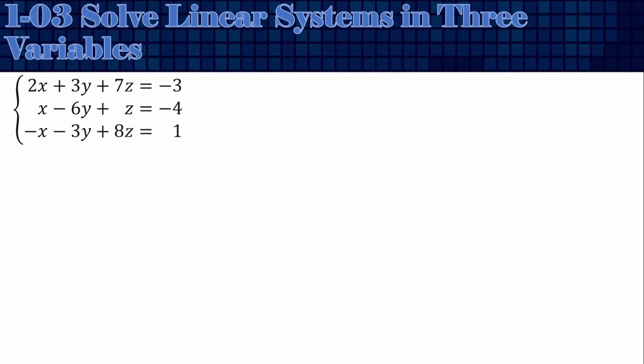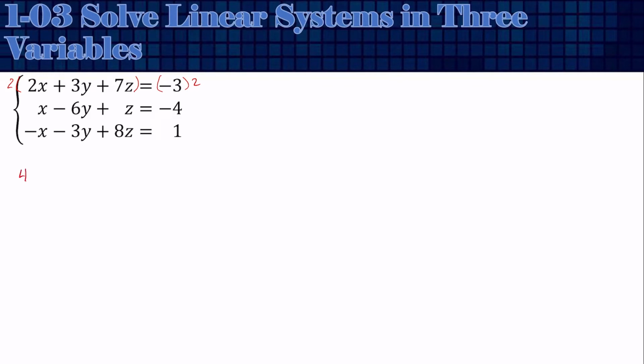All right, here's our first example. Let's take the first 2 equations. From the first 2 equations, it looks convenient to eliminate y. If I multiply the top equation by 2 and leave the middle equation, the second one, alone, I'll get 6y and negative 6y.